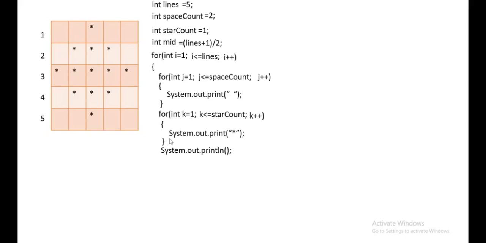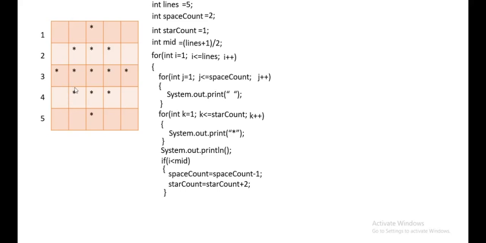So take a conditional statement. If i is less than mid, execute this if block: space count equals space count minus 1, meaning space count decreases by 1, and star count equals star count plus 2 because stars increase by 2.